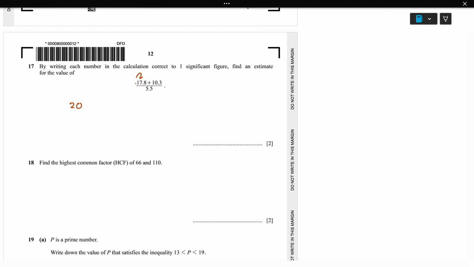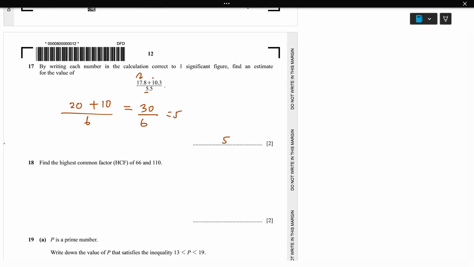If it's less than 5, we can write 10. If it's 5 or more, we should write 20. So 20 plus here, also one decimal place, so we have to round off here. Check the next number is less than 5, so we are writing 10. Denominator from the left, first place, so it is going to be 6 here. So 30 over 6, which is going to be 5.